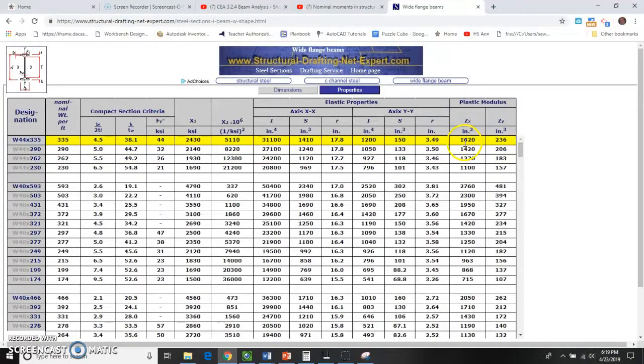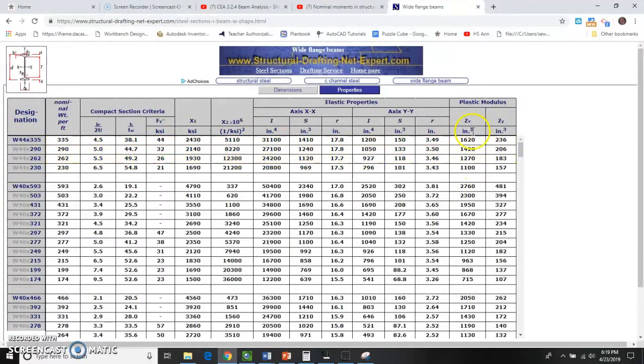Now you can see this column starts out pretty big, and this is a W44 by 335. Now the W44, that refers to the height of the beam. This beam is 44 inches tall by 335, and the 335 is the weight of the beam per foot. So that's what they got right here, nominal weight per foot. So this beam is 44 inches tall, nearly 4 feet, and it weighs 335 pounds per foot.